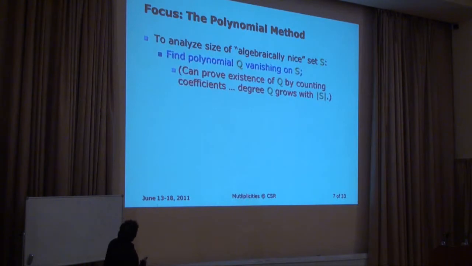If you want to understand this set, then what you first do always in this method is you find some polynomial that vanishes on this set. This polynomial should have low degree. How low should the degree be? What exactly are the definitions? Well, it depends on the context, but you would always want to keep this as low as possible.